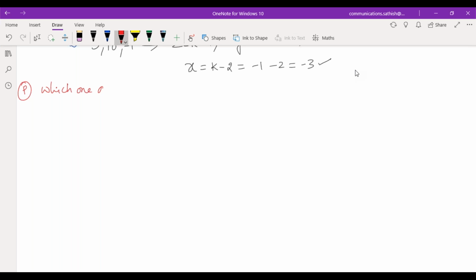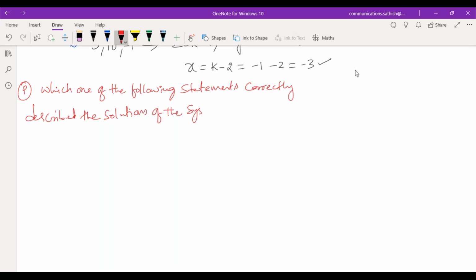So that is the augmented matrix: 1 1 minus 3 0 0, 0 0 1 5 1, 0 0 1 6 2, 0 0 0 1 and 2. This is the question and the options.